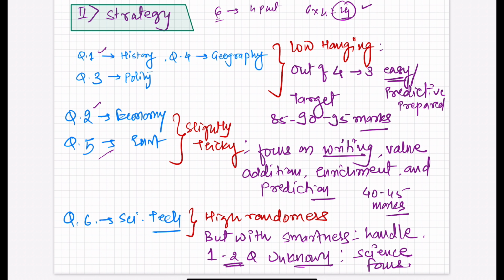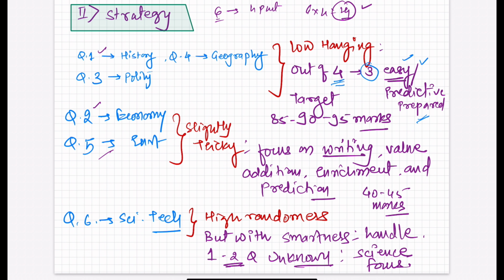In this paper, question number 1, question number 4, and question number 3, which are of history, polity, and geography, are very predictive and they can be prepared easily. So out of 4 questions from each, 3 can be easily predicted, written, and excelled in.